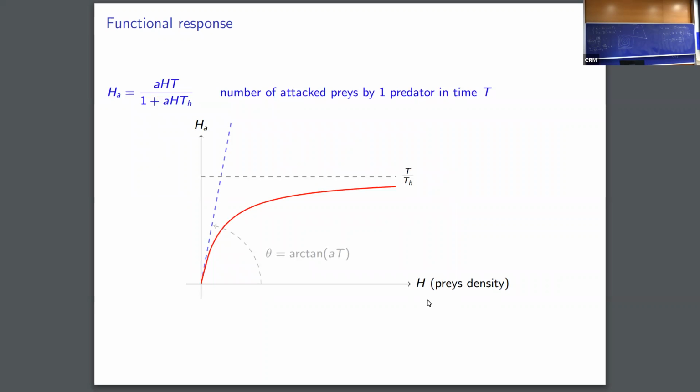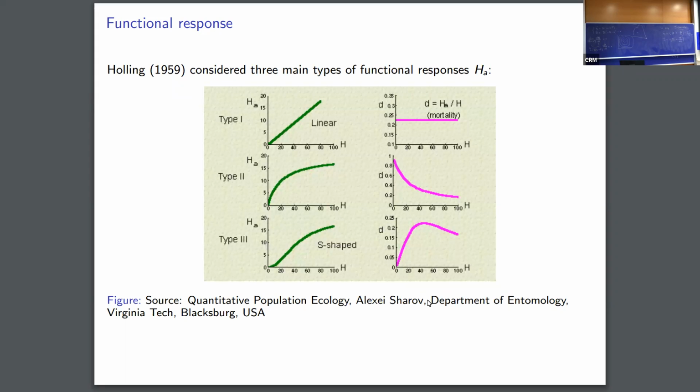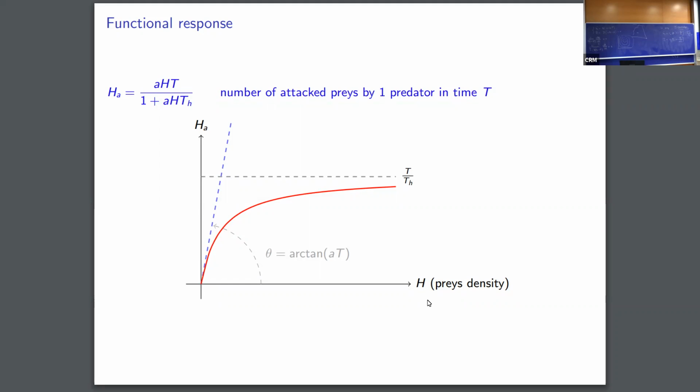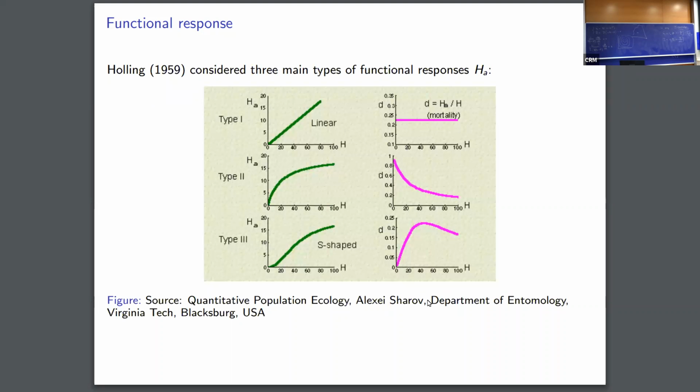Just one thing to observe. If you plot this function, observe there is a kind of saturation. What is normal, I mean, you are not always chasing, you are not always eating with the same emphasis. You saturate. Regarding this behavior, Holling decided to suggest three main special cases of this evolution of HA in terms of H. And he called them type 1, type 2, and type 3.